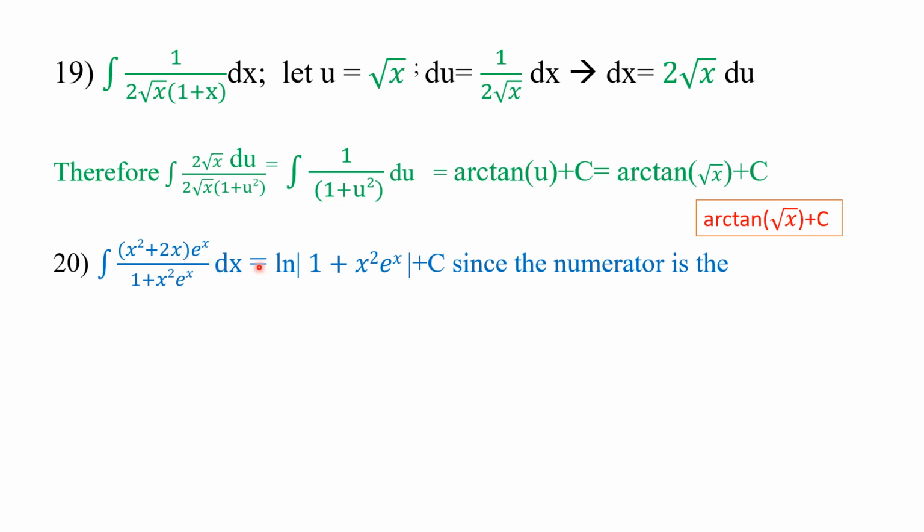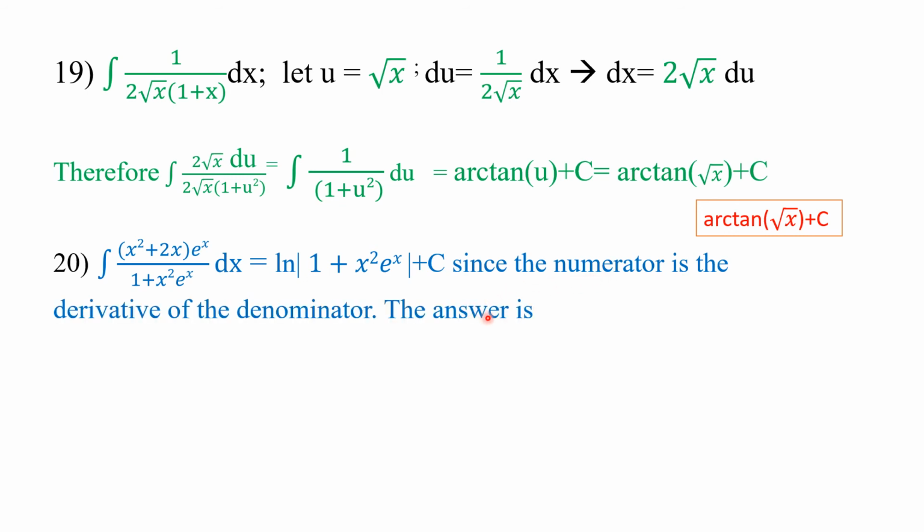So we can say that the result of integration is ln of the absolute value of the denominator plus the constant of integration. This is a justification since the numerator is the derivative of the denominator.